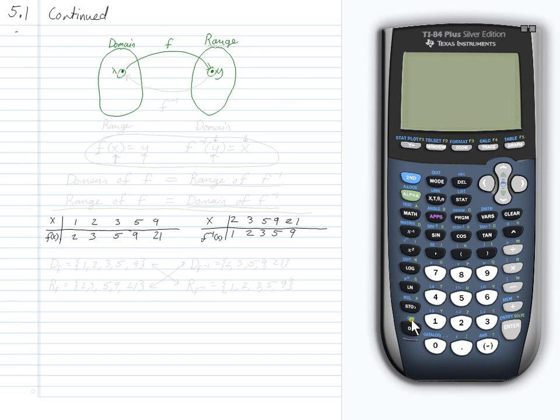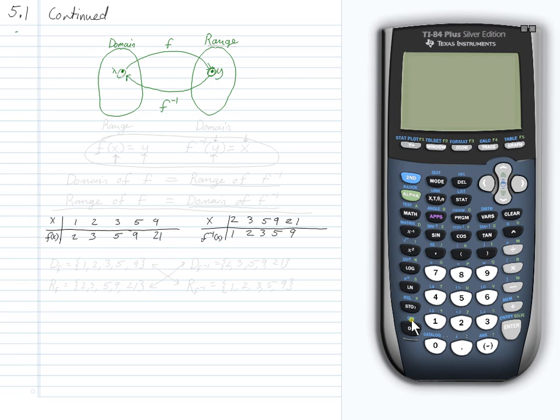Well, now the inverse function hunts around in the bin of outputs, and maybe it'll take this particular output, y, and turn it back into x.